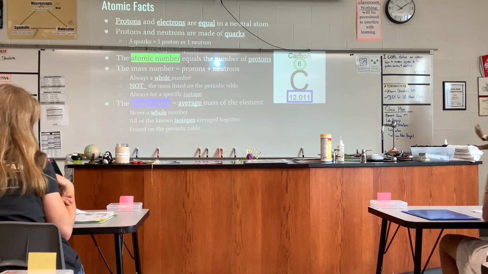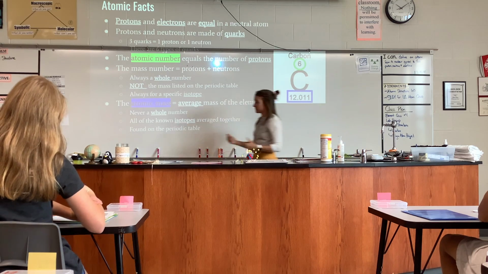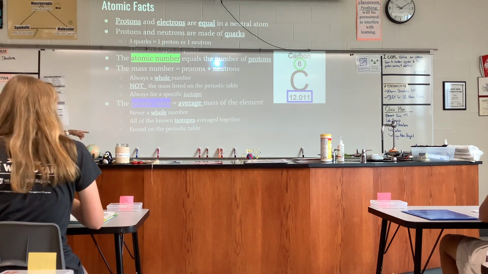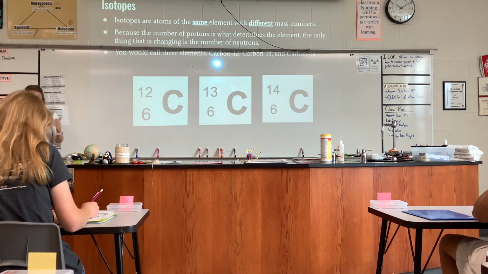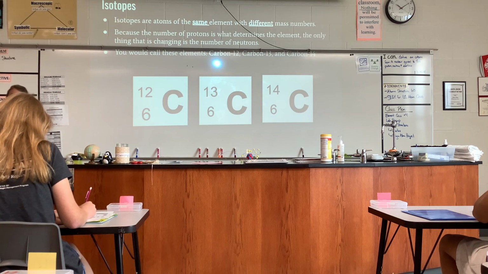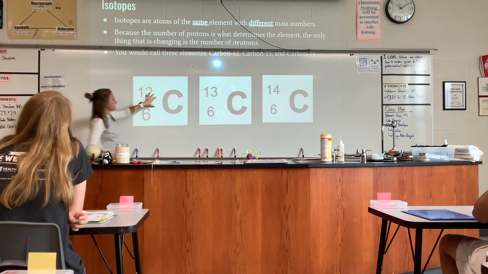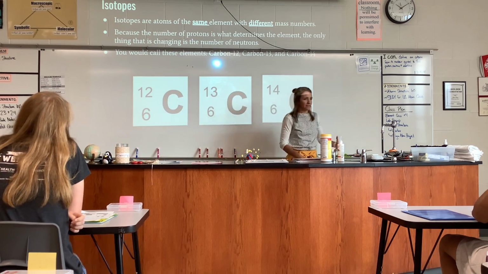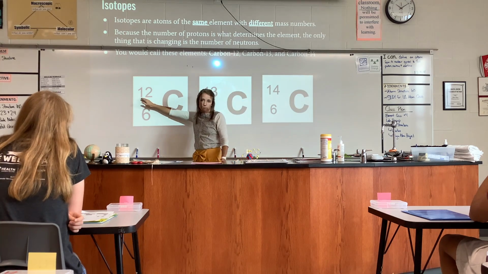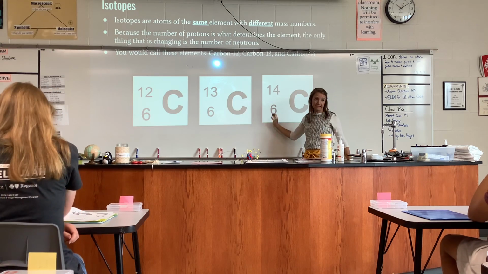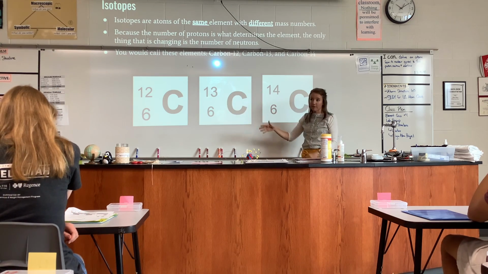It's actually a weighted average too, because not all isotopes are created equal. Now, isotopes are atoms of the same element with different masses. These are examples of isotopes of carbon. Sometimes carbon weighs 12, sometimes it weighs 13, sometimes it weighs 14. It's all carbon, it all looks the same, it would all smell the same.